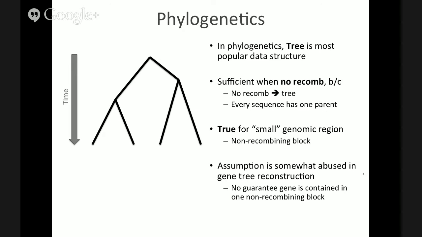A lot of work looks at gene trees along the genome and looks at their differences and models that with incomplete lineage sorting in order to infer species trees. They are making use of recombination. That is what's causing those trees to be different. But they're adding the assumption that each gene is one of these small genomic blocks of roughly no recombination.